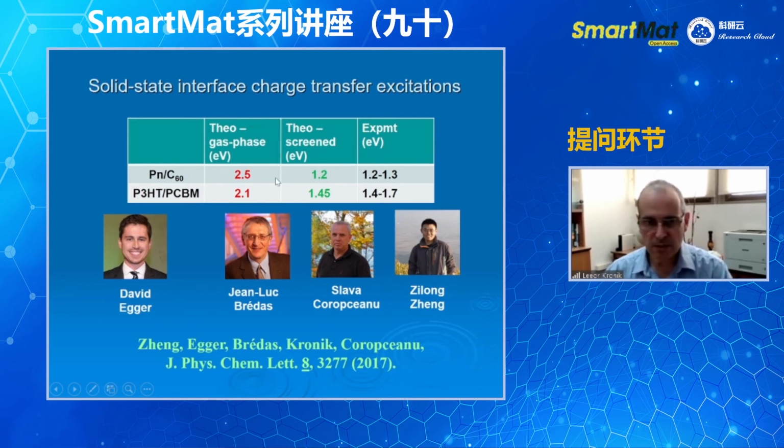But you see that if we calculate it in the gas phase, the results are much larger than experiment. If we calculate it in the solid state by including the electric screening, as I have shown you, then now the excitation is correct because it accounts correctly for the dielectric screening between the electron that is now on the acceptor, the C60 or the PCBM, and the hole that was left behind on the donor, the pentacene or the P3HT.